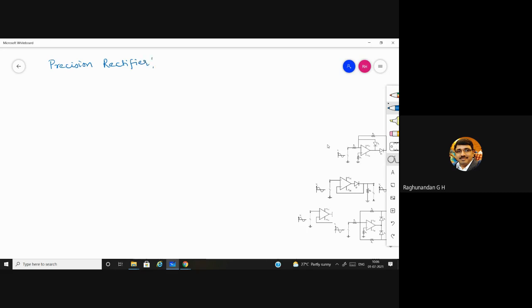We have already studied rectifiers in basic electronics, but here we are going to construct a rectifier using an op-amp such that the diode will act like an ideal diode and the rectifier will also act like an ideal rectifier.